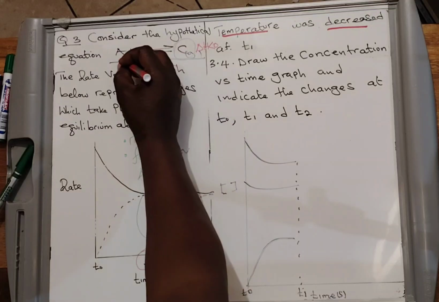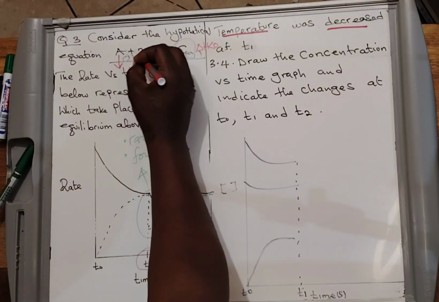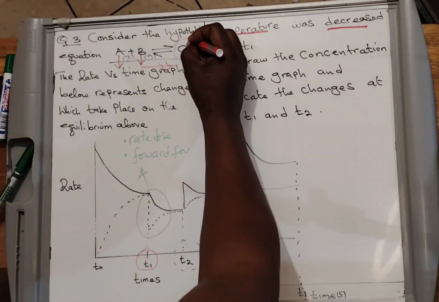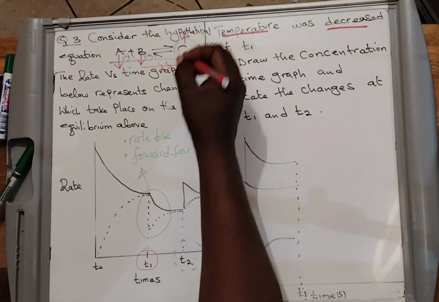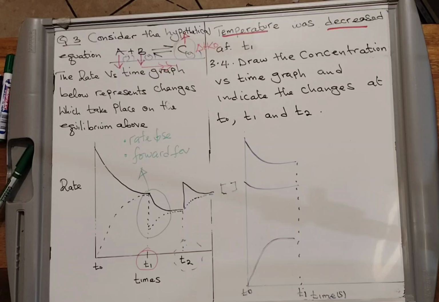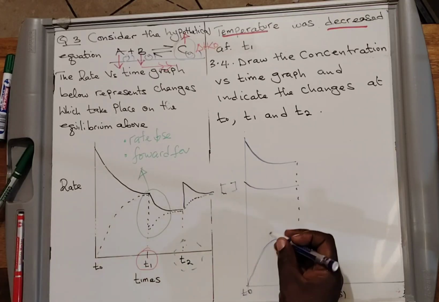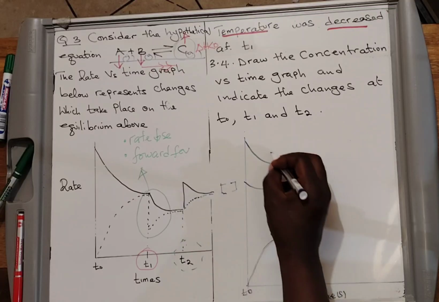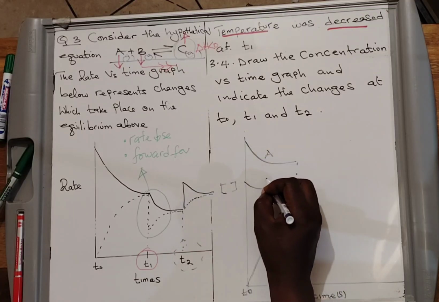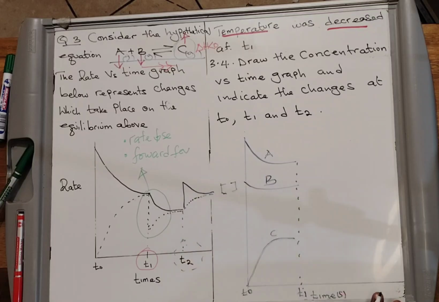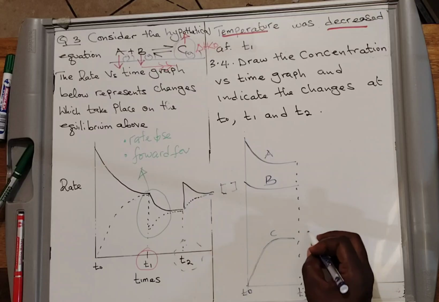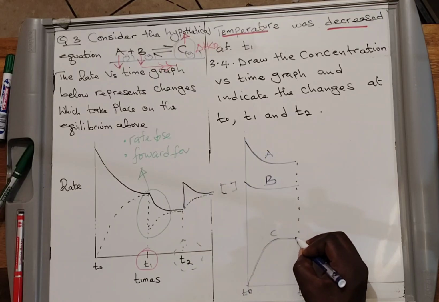And what does this mean? That this one is going to decrease. And this one is going to increase. And we are supposed to show them here. So on assumption, okay, this one is clear. This one is C. So if this is our A and this is our B, from the prediction, what happens to our C? C increases and it's a gradual increase.